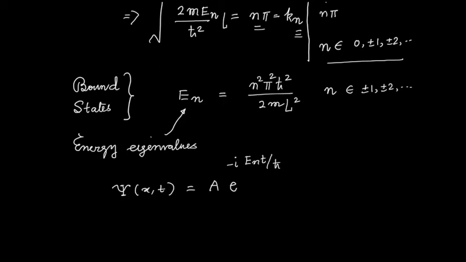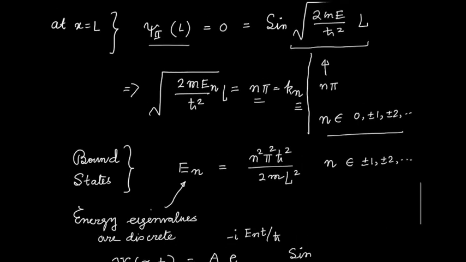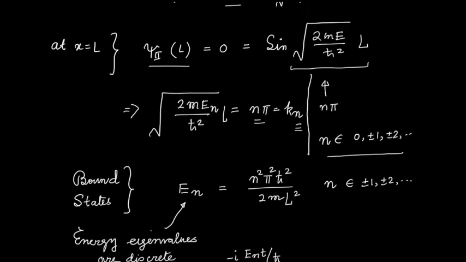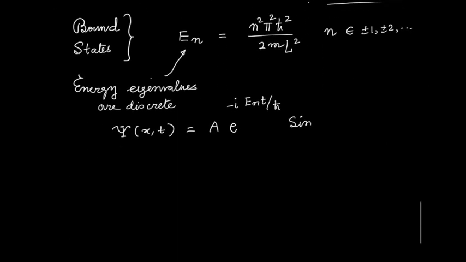So energy eigenvalues are discrete. And then I have sine of root over 2m En by h cross square.